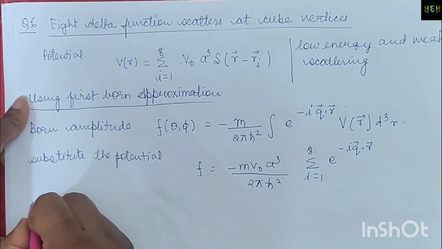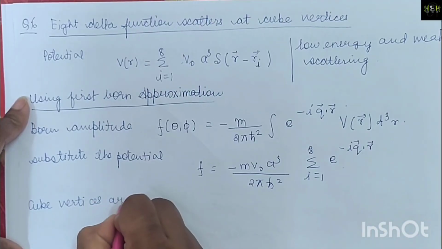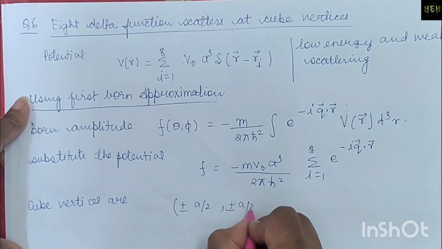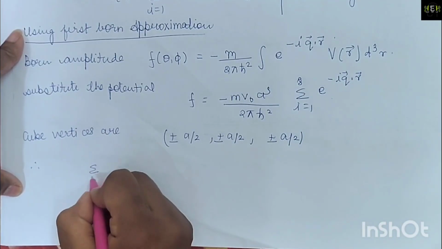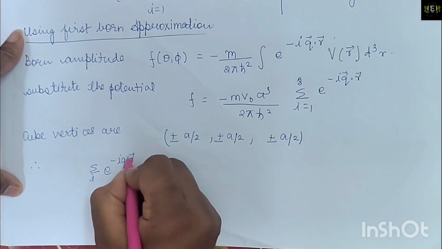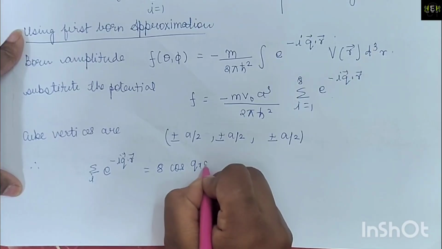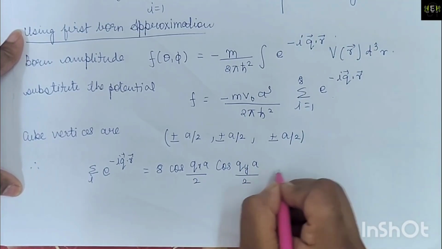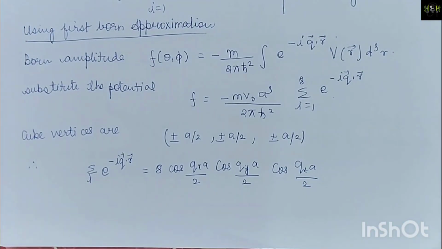So the cube vertices are plus minus a by 2, plus minus a by 2, and plus minus a by 2. Therefore what I will get is that the sum of e to the power minus i q dot r becomes 8 times cos of qx a upon 2, cos of qy a upon 2, and cos of qz a upon 2.